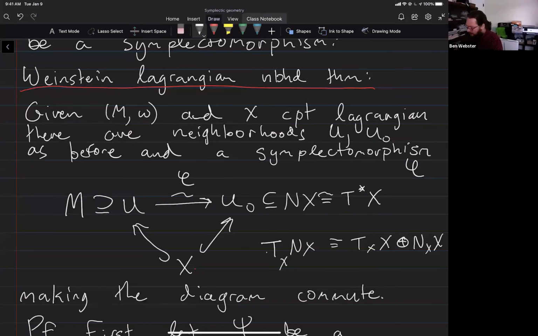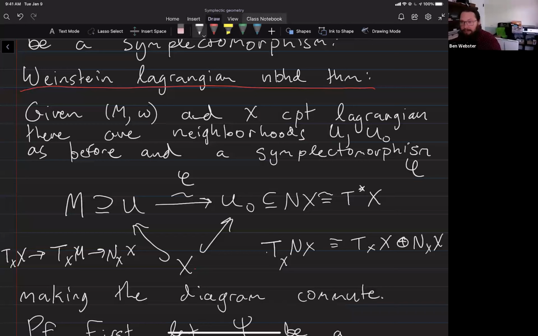right? Whereas in M, I have an exact sequence from the tangent space of M that maps down onto the normal space with the tangent space of X as a sub, but there's no canonical splitting of this exact sequence. So the thing that I have to be really careful about in this Lagrangian neighborhood theorem is that when I do the tubular neighborhood theorem, I'm choosing a splitting.